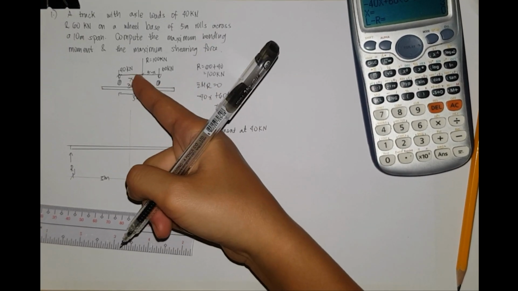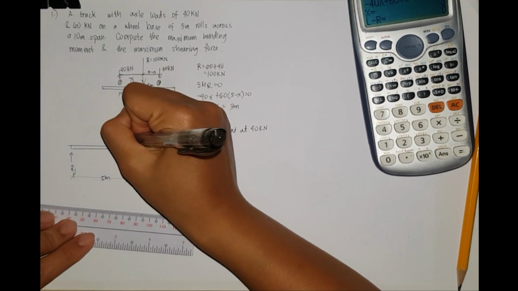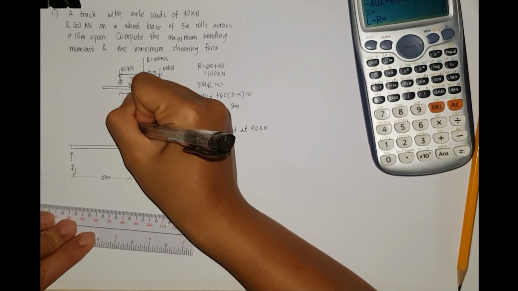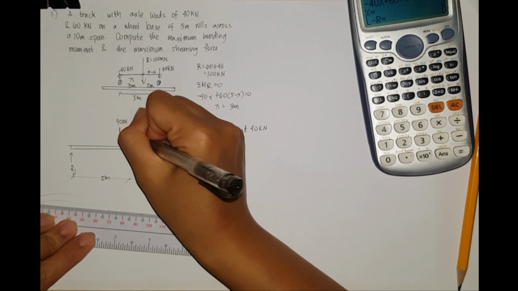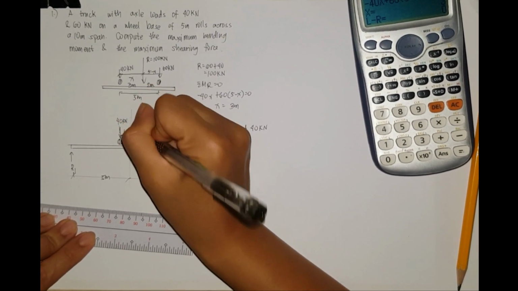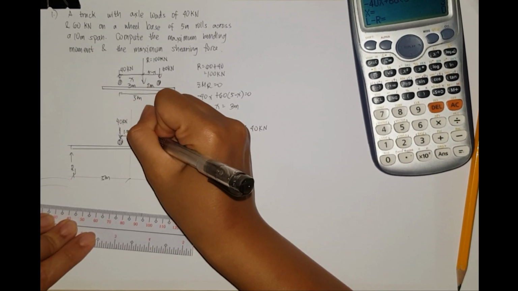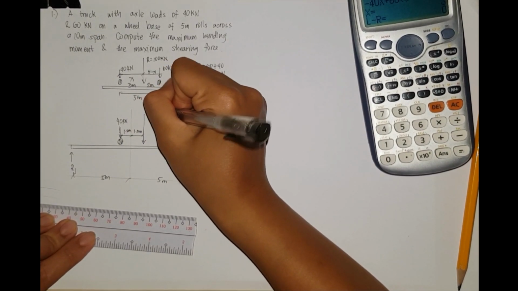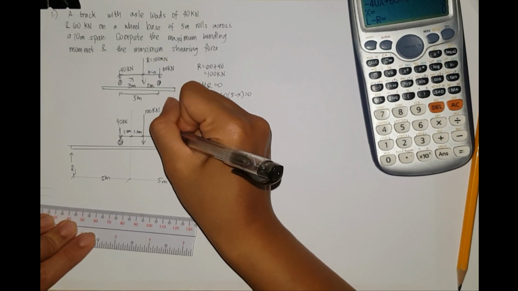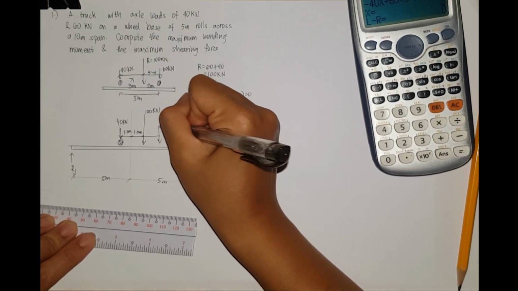So kung ko-consider natin yung 40 kilonewton, so dito yung position ng ating 40 kilonewton, which is 1.5 meters from the center line. So we have still here 1.5 meters. And this is the resultant, which is equal to 100 kilonewton. And then 2 meters for 60 kilonewton.